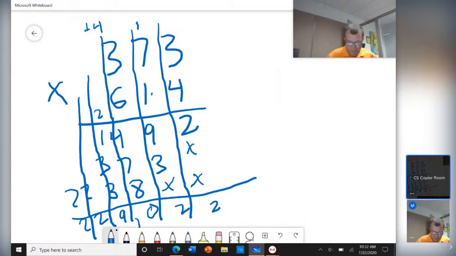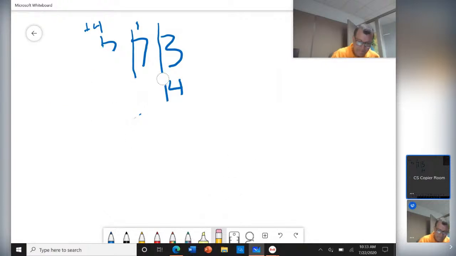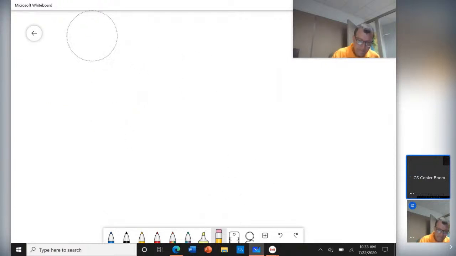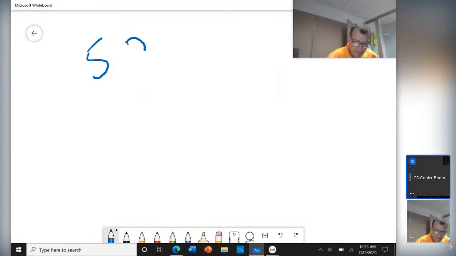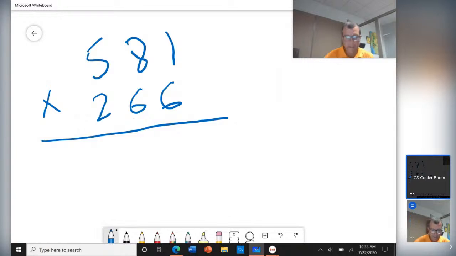Okay, so let's do another one, and I'll put the columns in before. We'll do 581 times, we'll say, 266. Okay, I'll go ahead and put the columns in if it makes it a little bit easier for you.